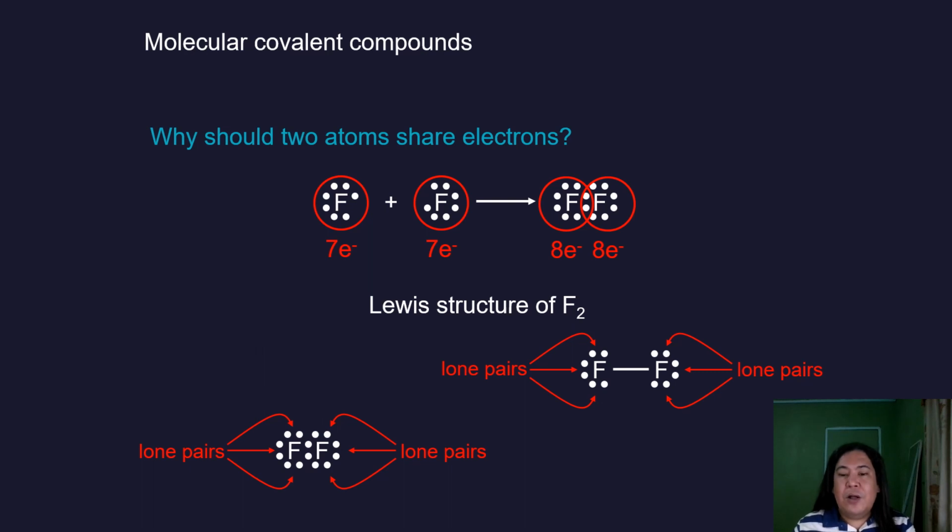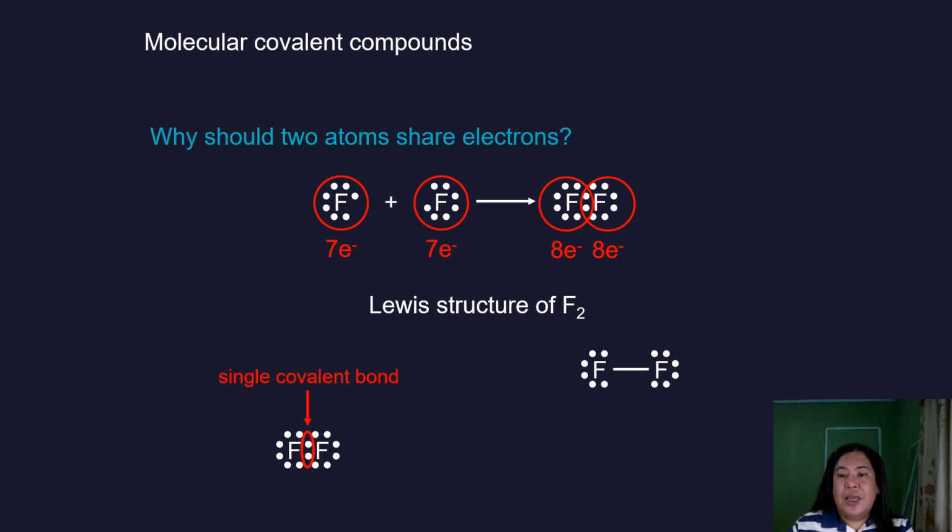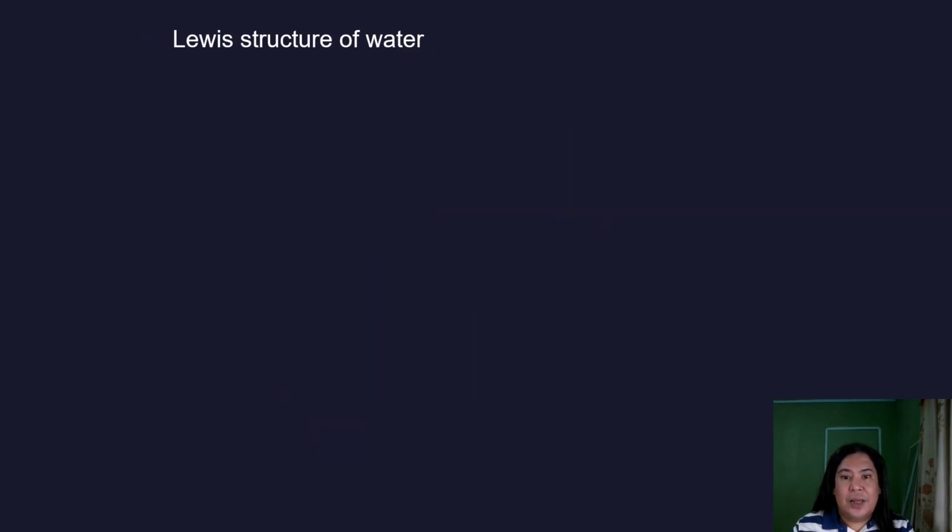The unshared electrons on the outside, the dots outside the symbol, are the lone pair electrons. And this dash line is the covalent bond, a single covalent bond.